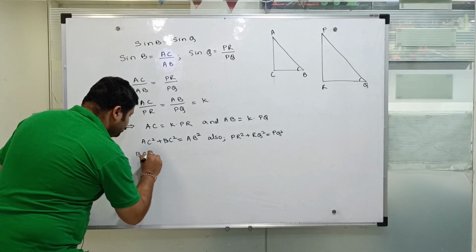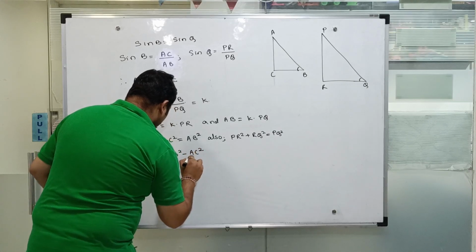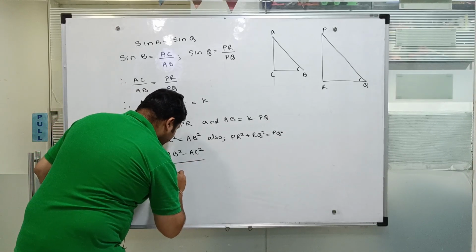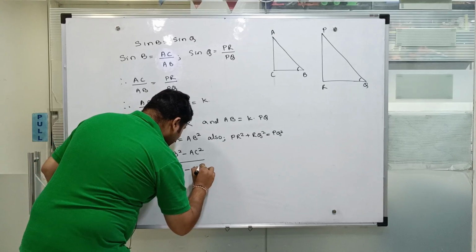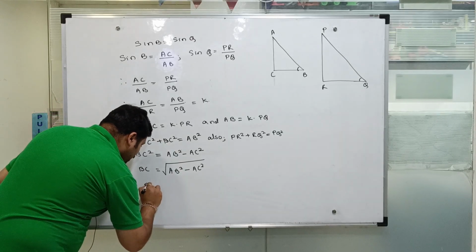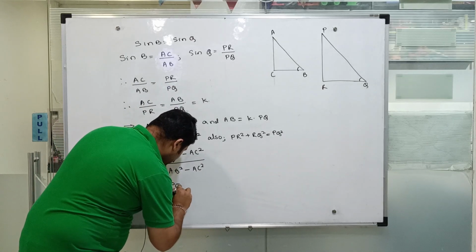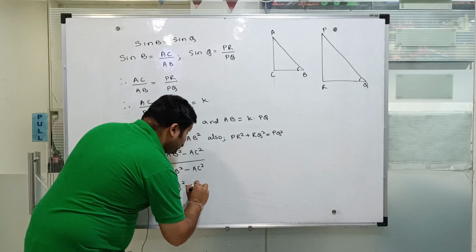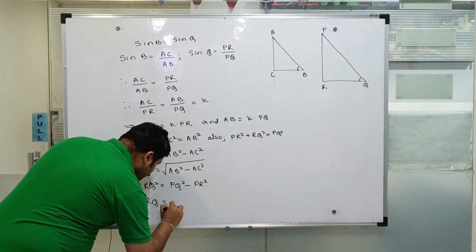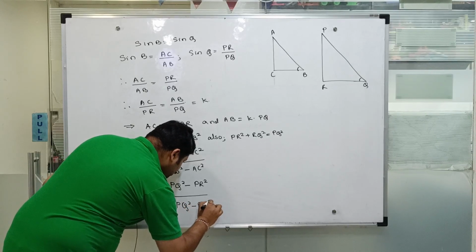So I can say that BC square is equal to AB square minus AC square, or BC is equal to root of AB square minus AC square, and RQ square is equal to PQ square minus PR square, or RQ is equal to root of PQ square minus PR square.